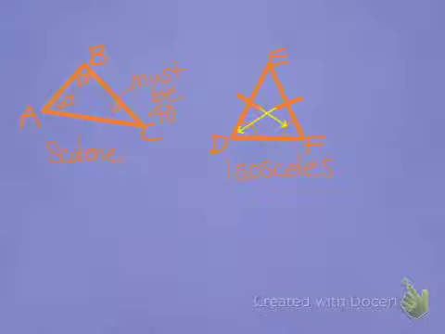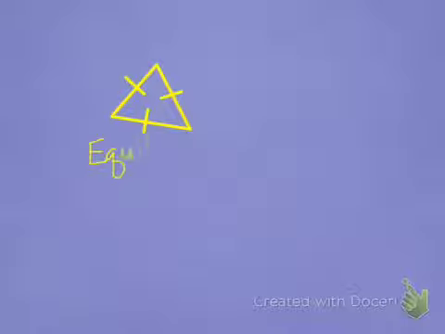We know that the third angle in the scalene triangle has to be 40 because the measures of the angles have to add up to 180 degrees. So again, a scalene triangle has three different angle measures and three different side lengths, whereas an isosceles triangle has two equal sides and two equal angles.